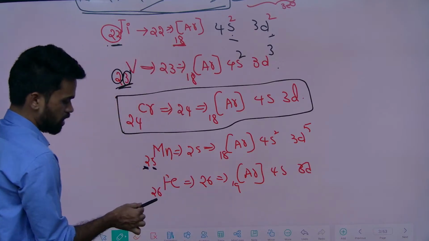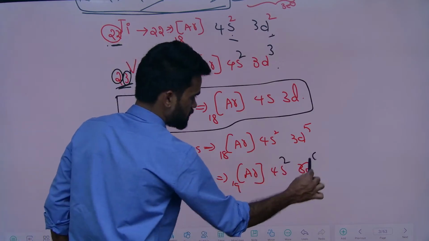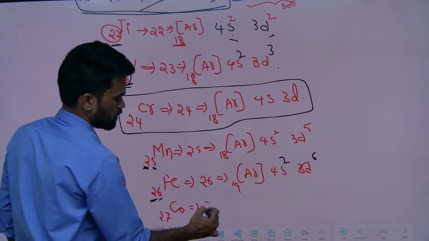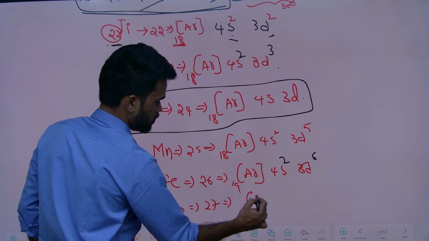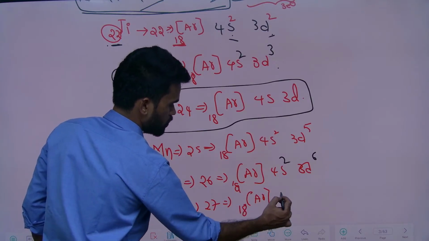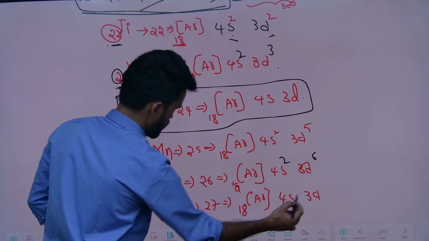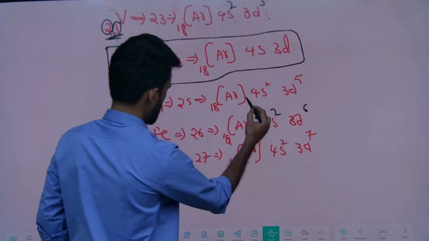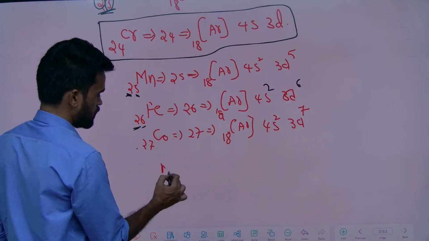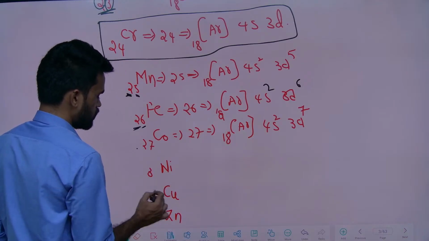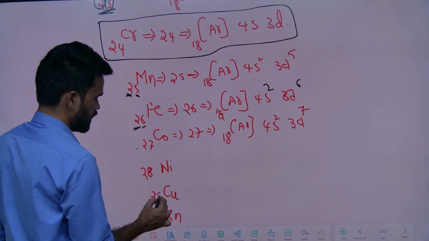So 26 means 2, 6. Okay, next cobalt, 27. 4s 3d, 27 means 2, 7. That's it. Next nickel, copper, zinc: 28, 29, 30.